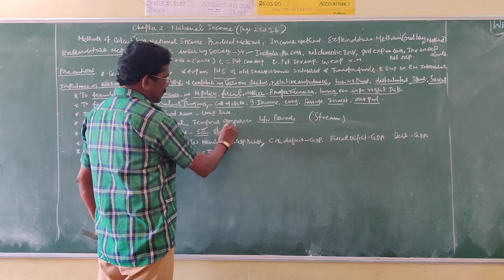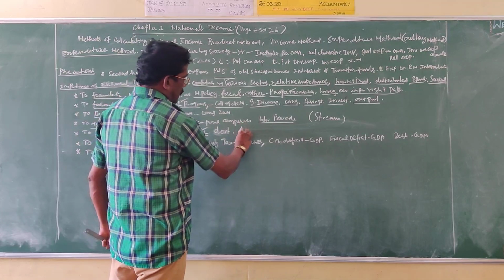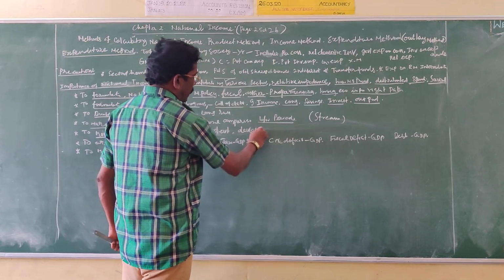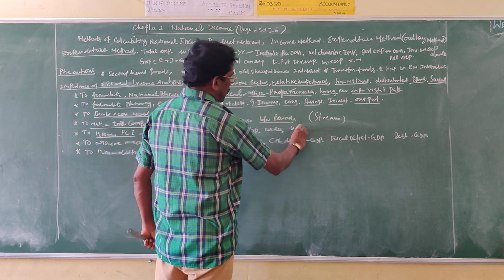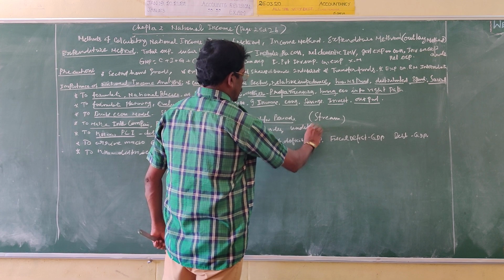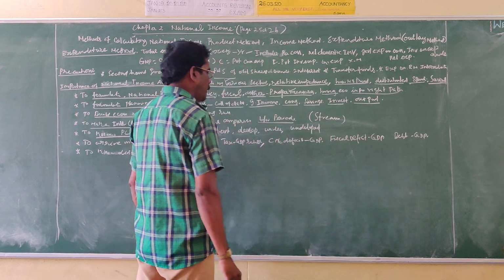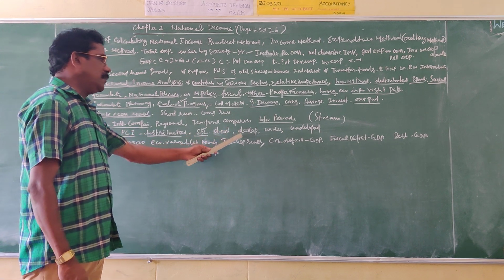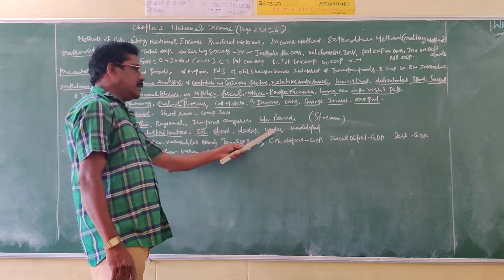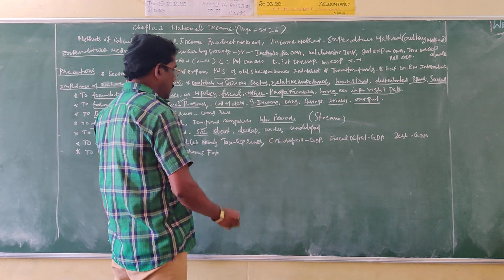The countries are classified as developed countries, developing countries, underdeveloped countries and undeveloped countries.